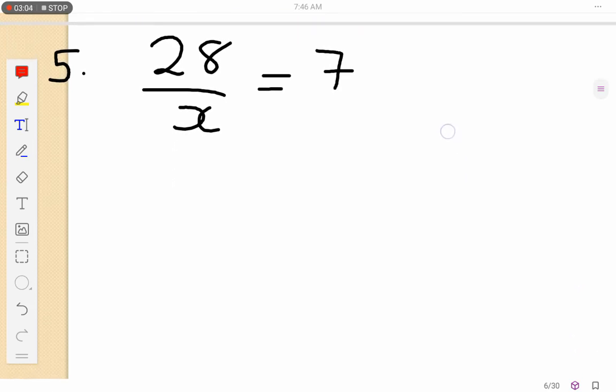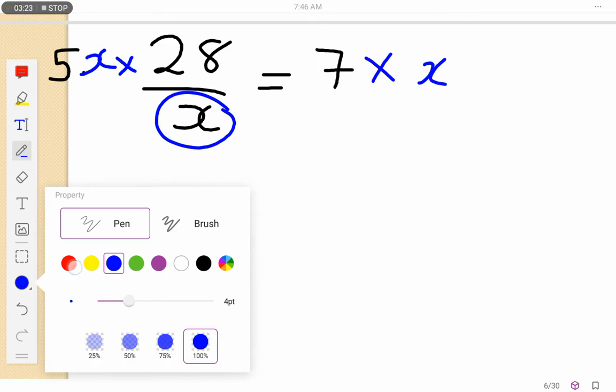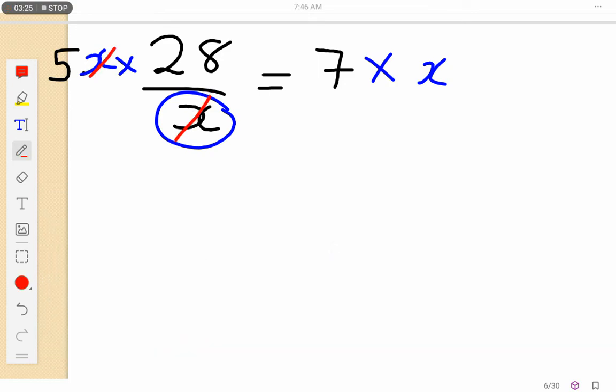Now let's have another example. This time we have got our x on the denominator. So we can multiply both sides by x. Even if you say x over 1 it is the same thing, so I can use x this time so that you understand that these things are the same. Then here times x again. These x's cancel off each other and we remain with 7 times x, we get 7x.